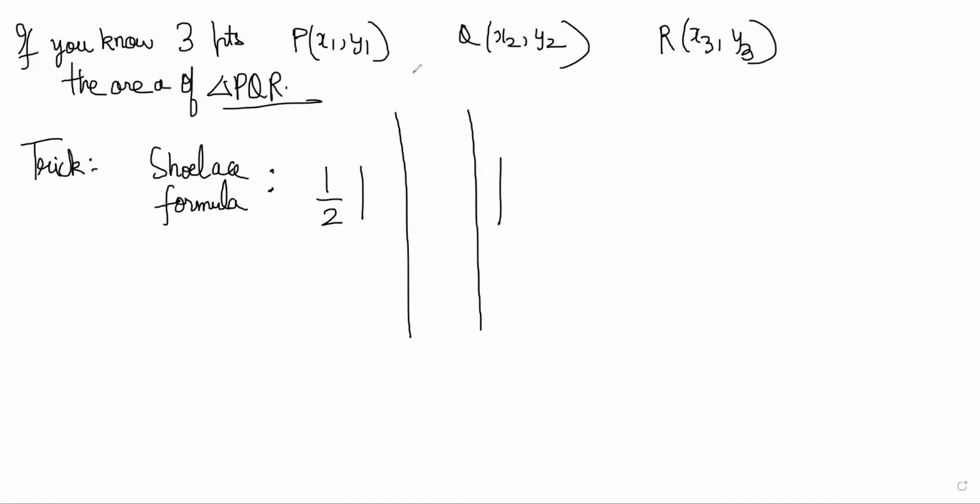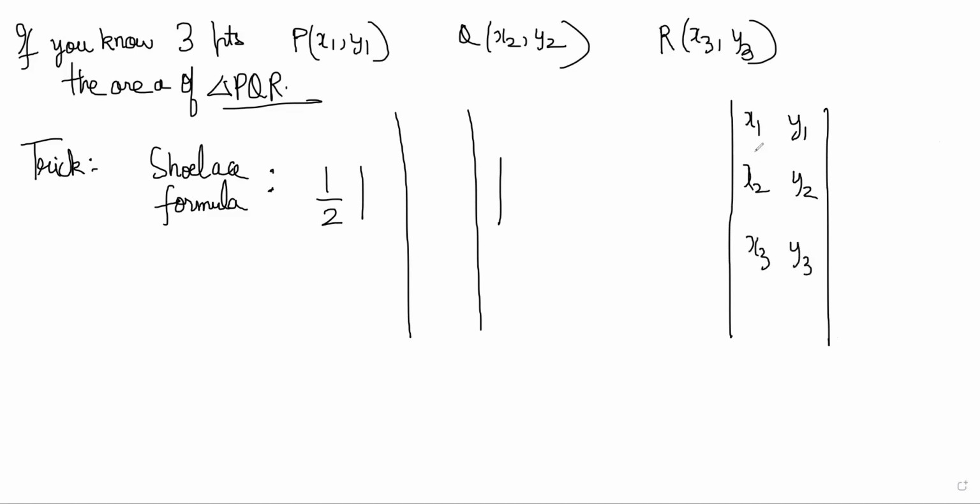This quantity, this sum. So what is this quantity? Here you write x1, y1 for any vertex. Start off with any vertex, write x1, y1, then x2, y2, then x3, y3, and then repeat the first vertex once. Okay. And then cross multiply.